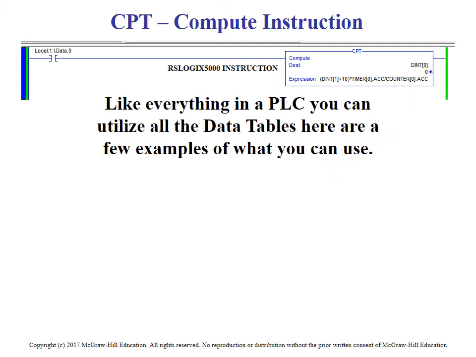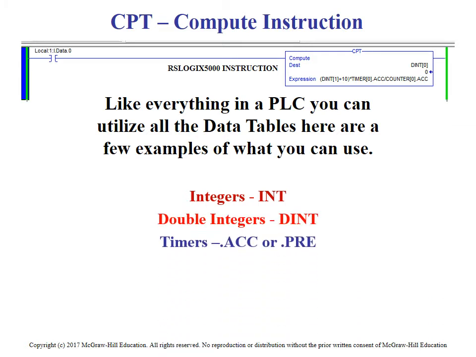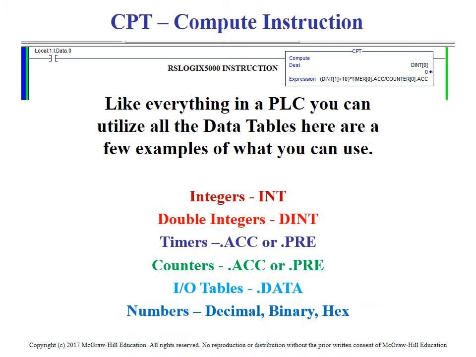I mean, these are just a few of the different tools that are available to us. As you'll see here, you'll see integers are available, double integers, timers, counters, I/O tables. You can use the input table, output table, and numbers in the decimal form, binary form, and in the hex form.